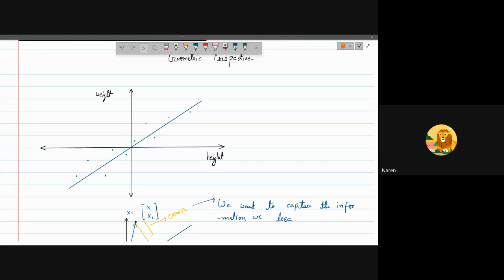You have XY coordinates if it's a plane, and you can represent any point using those two coordinates. Like X equal to something and Y equal to something, then you can pinpoint the point in the plane. Correct.